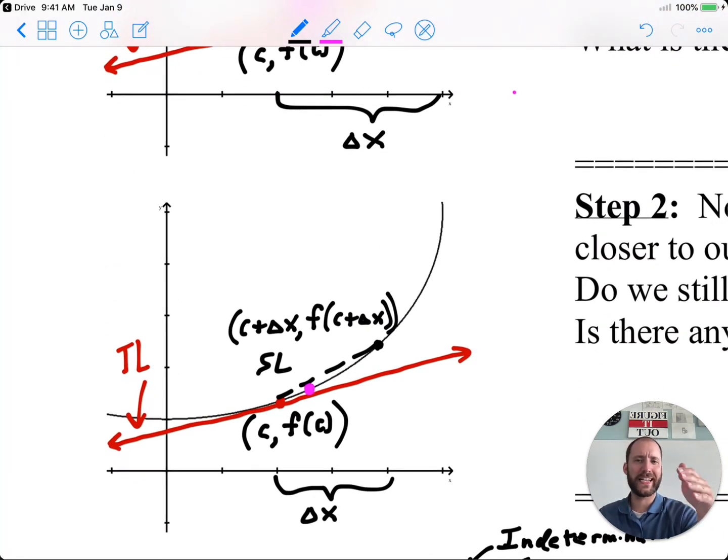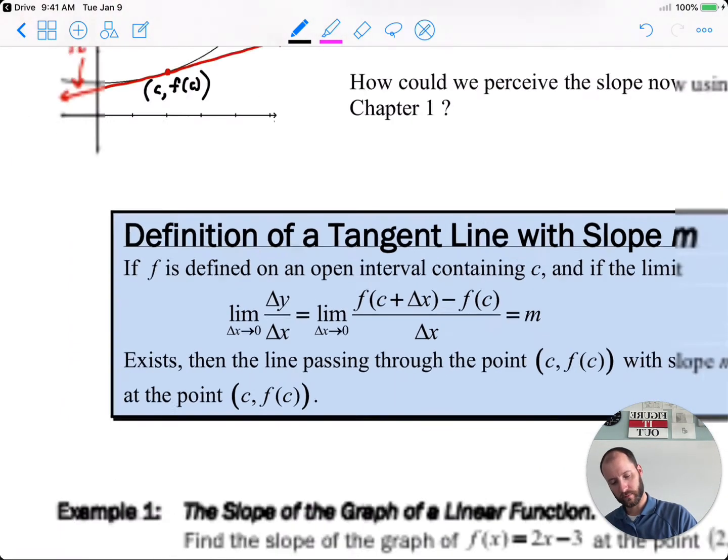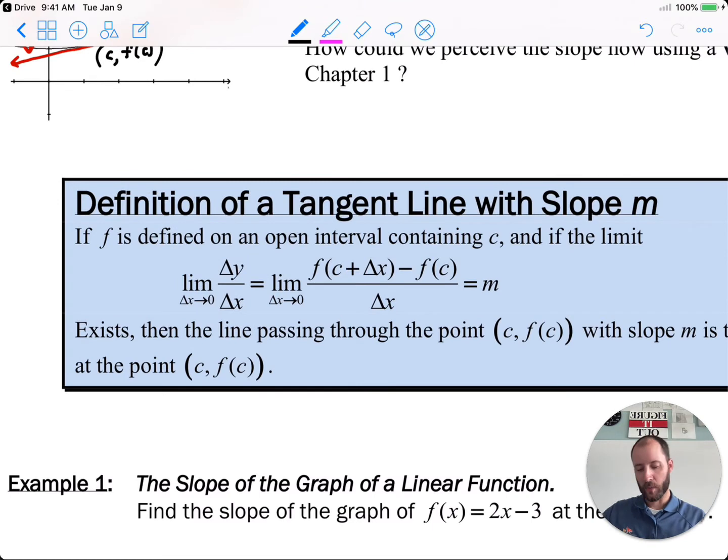So you bring the secant line closer, but it's still only an estimate. Eventually, you bring it so close, it's the same point. But algebraically, you're dividing by 0. But if you look at the idea of limits, kind of that delta x, bringing it down, down, down, down, so delta x is approaching 0. We get a definition for slope using limits.